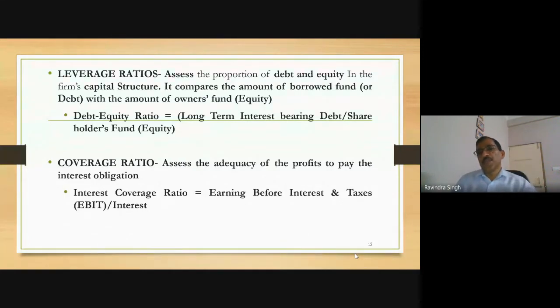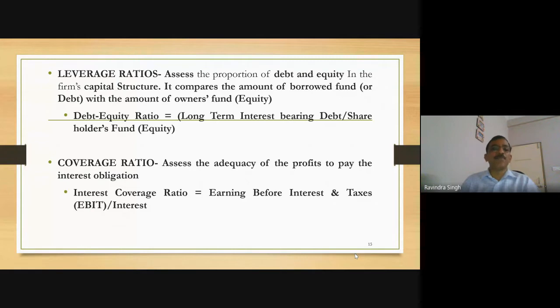Equity means your gain, your profit, owner's equity, which I explained in earlier classes. The debt equity ratio is long-term interest-bearing debt divided by the shareholders' fund, that is, equity. Say the share value is 5 lakh. Now your debt is 7 lakh. It is alarming. It should be less than 1. So once it is more than 1, then it is alarming.